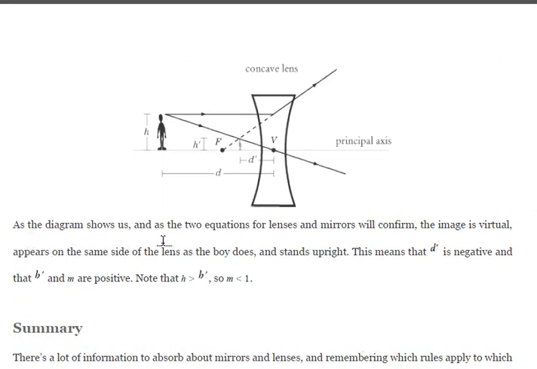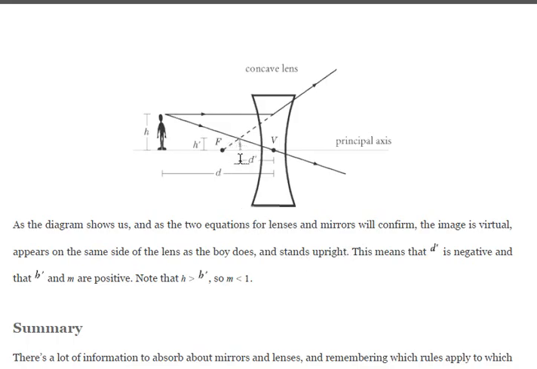The diagram here shows us, and as the two equations for lenses and mirrors would tell you if you were able to plug in some numbers, that the image formed by this guy standing outside the focal length of a concave lens is virtual because it's on the same side, and he's standing upright.